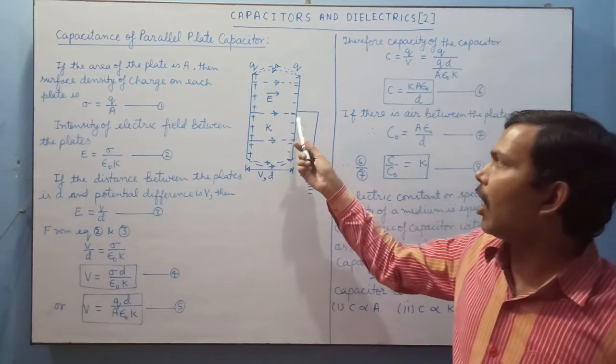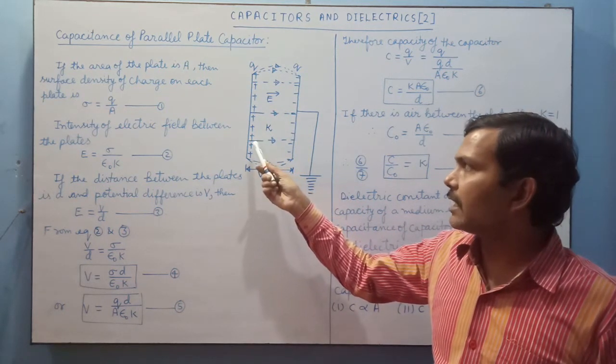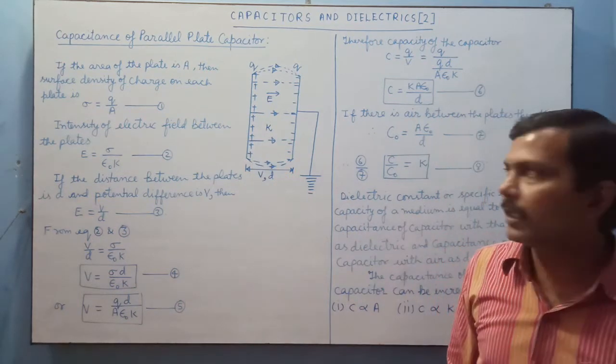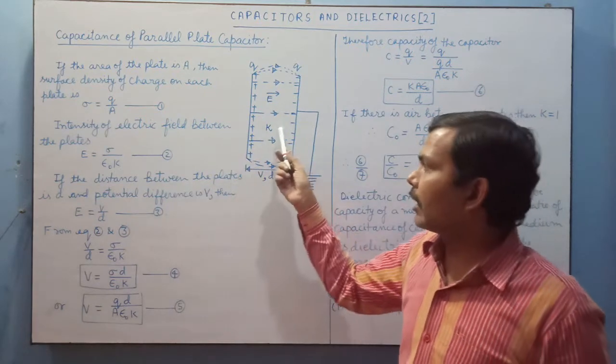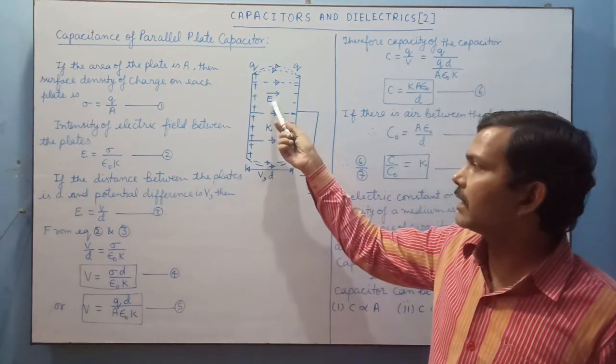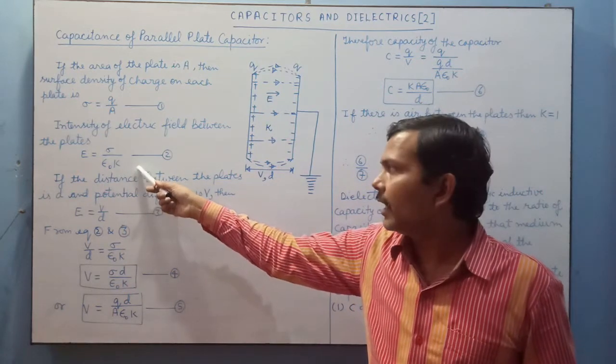If the area of the plate is capital A, then the surface charge density on each plate, sigma, is equal to Q by A. The intensity of the electric field between the plates, E, is equal to sigma by epsilon 0 K.